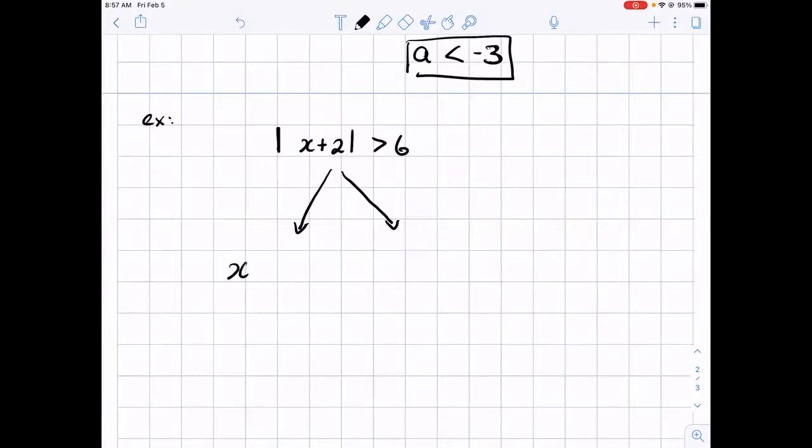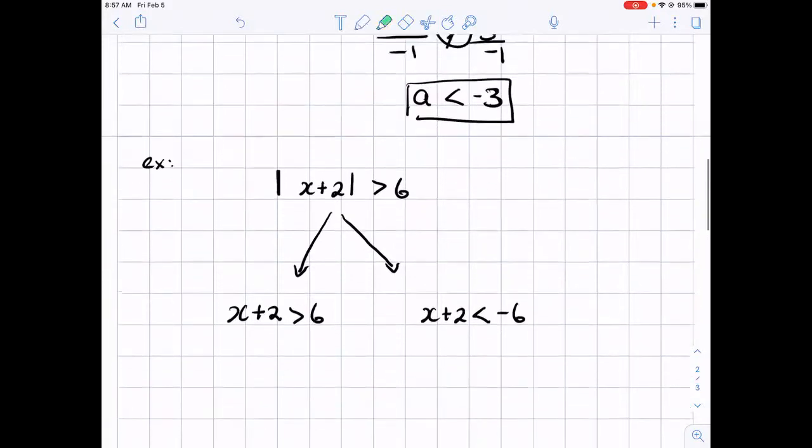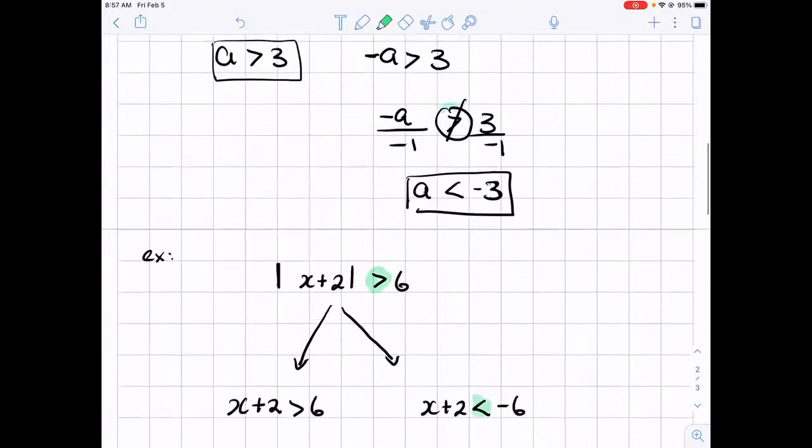This becomes x plus 2 is greater than 6, and x plus 2 is less than minus 6. The reason the inequality sign flips is because of this procedure here. When we looked at equations, we just set it equal to a minus 6. But in inequalities, remember when you divide by that negative, you have to flip the inequality sign.